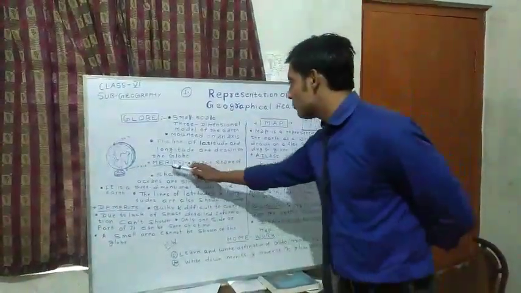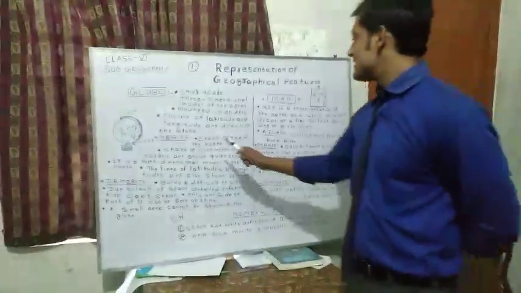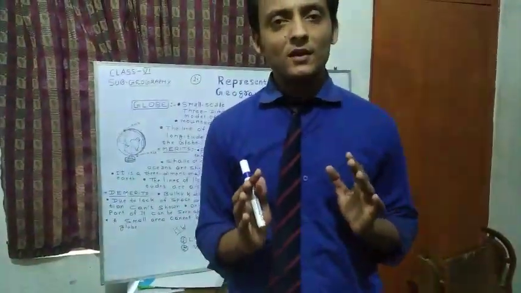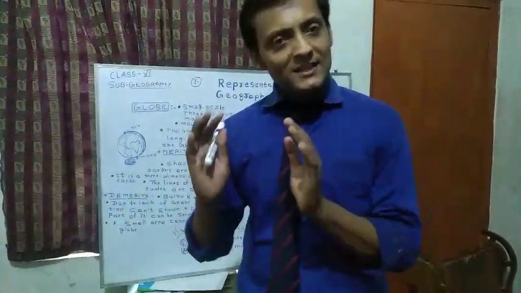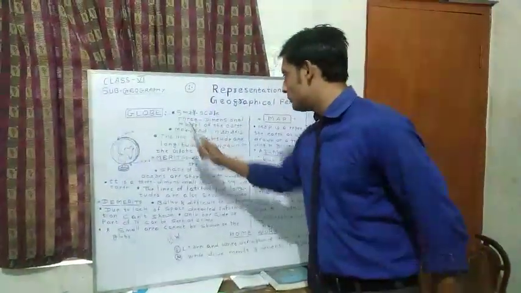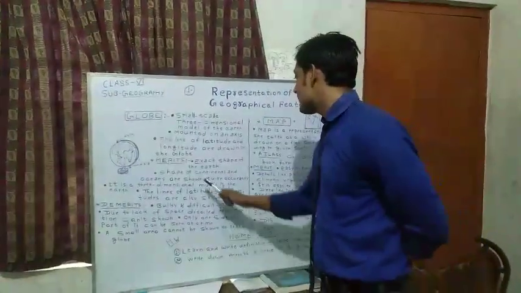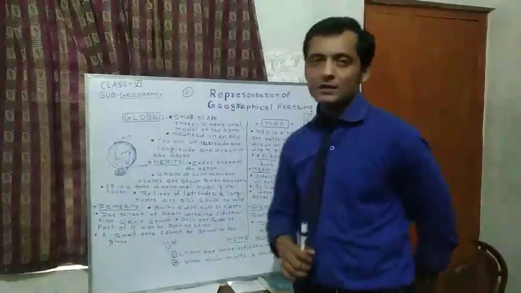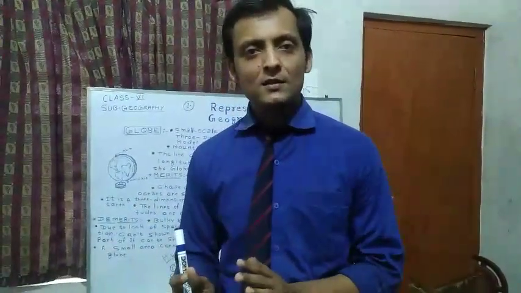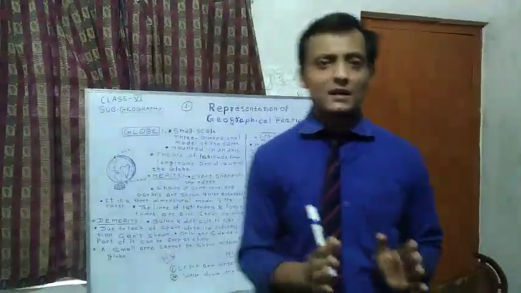Now let me explain some merits of the globe. The exact shape of the Earth can be shown through the globe. Next, the shapes of the continents and oceans are shown quite accurately. As you know, we have 4 oceans and 7 continents.